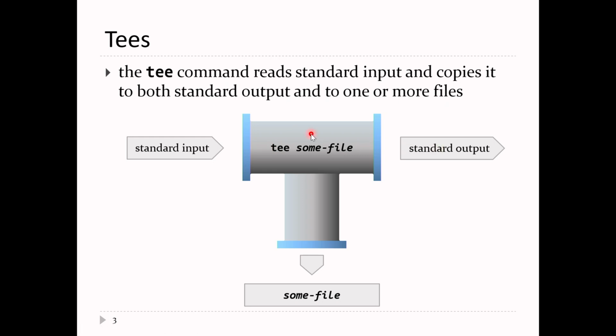The reason it's called a T is because it kind of looks like a T in the pipeline. Anything that goes into its input also goes out to its output unchanged, but it also redirects a copy of that to some file.